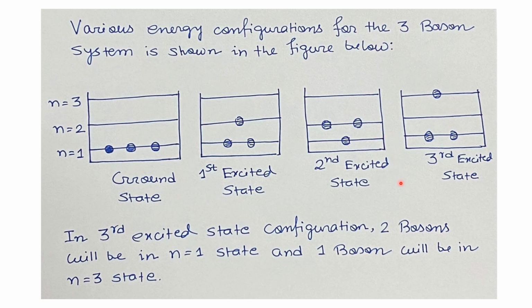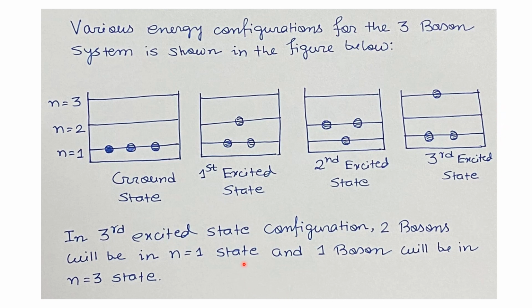And for the third excited state, the arrangement of the three bosons will be like this. Two bosons will be in the energy level n equals 1 and the last boson will be in the energy level n equals 3. So this is the configuration of the bosons for the third excited state.